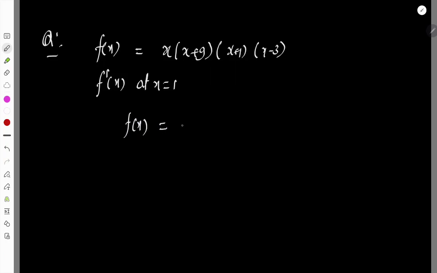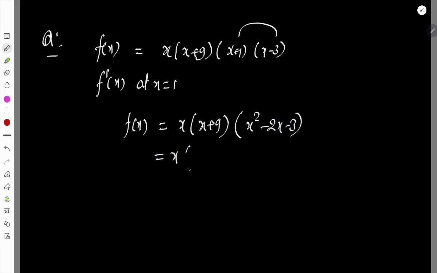So okay, it is x, multiply first x plus 9 as it is, these two. So x into x, x square minus 3x plus x minus 2x minus 3, and again x into multiply with x in all, x cube minus 2x square minus 3x plus 9x square minus 18x minus 27, and multiply by x.